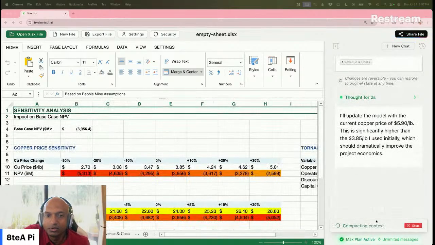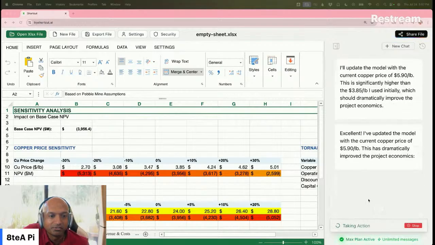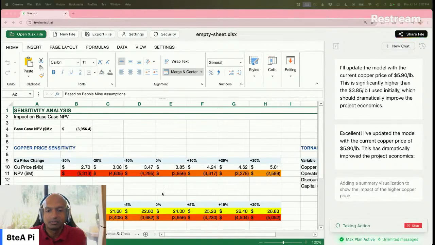I guess it's like a Google Sheets. They did a bunch of front end work, which is rare for AI developers. AI developers rarely want to do front end work. Excellent. I've updated the model with the current copper price of 590 a pound. This has dramatically improved the operating metrics.